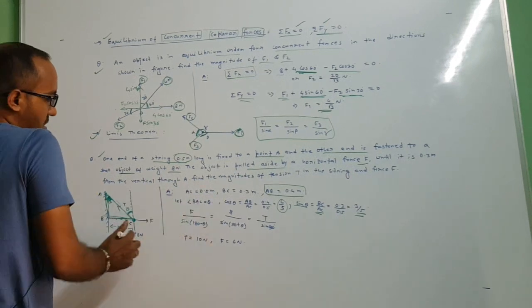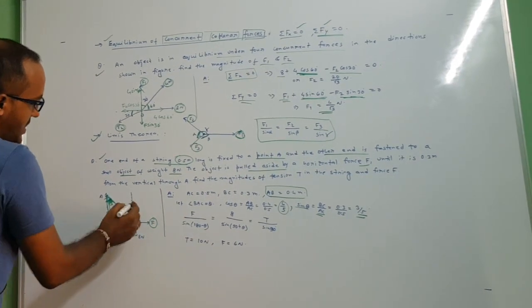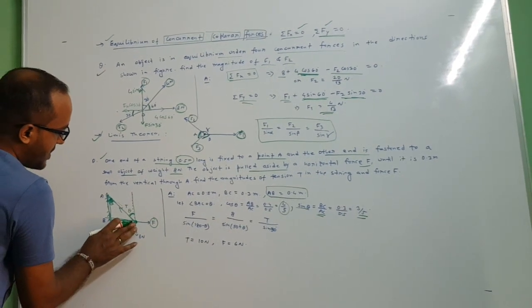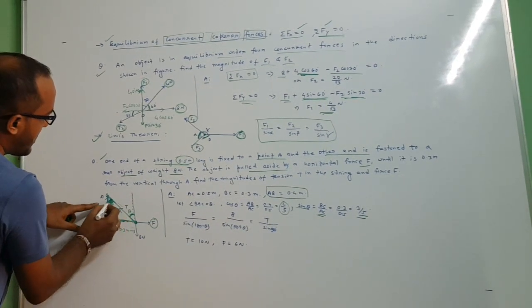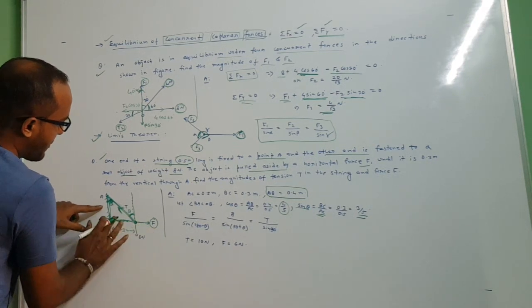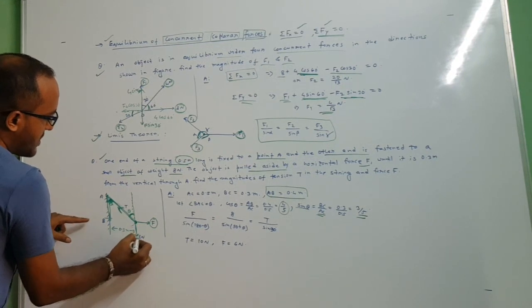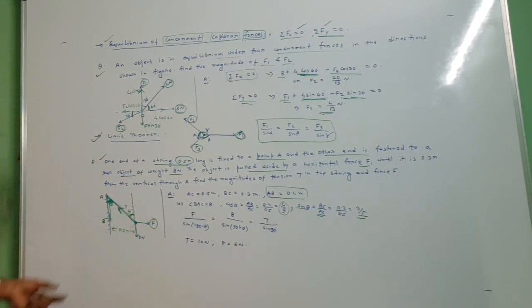Now apply Lamy's theorem. See here, F divided by the sine of the opposite angle. Here the forces are this one force T, this another force F, and this your another force 8 Newton, and all three forces are concurrent.